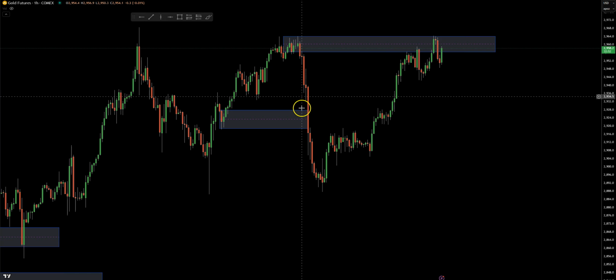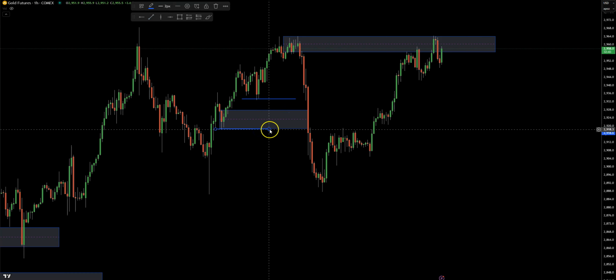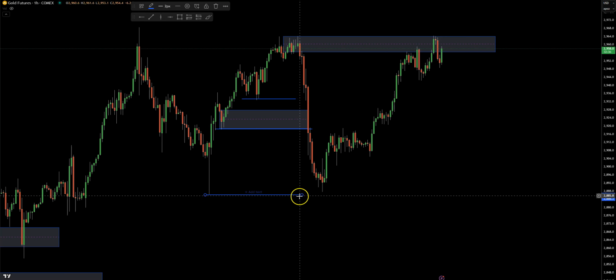So not only did we get huge moves, we broke multiple levels of structure, right? Multiple levels of structure. Didn't quite break the low here.